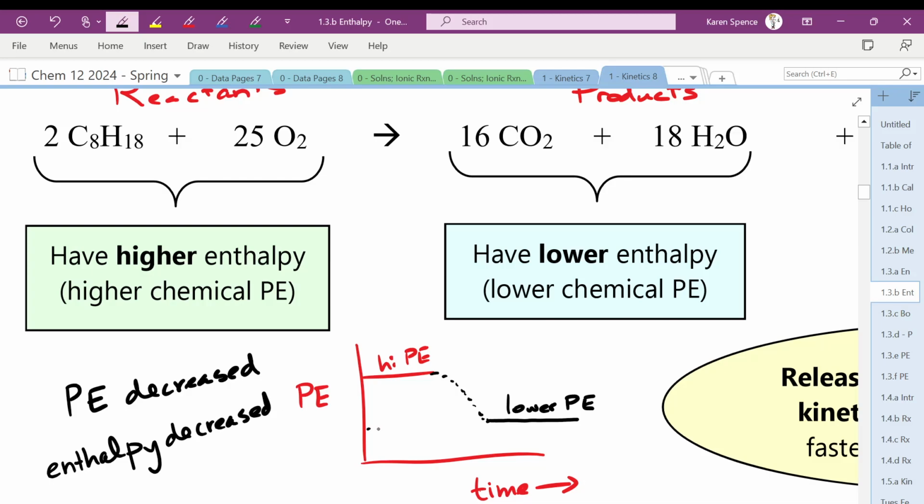And we can show that this was a decrease by putting a little dotted line across to our product's potential energy and drawing an arrow from the top line to the bottom line. Okay, so it should touch the top line, it should touch the bottom line, and we're drawing an arrow downward because it starts high and finishes low.